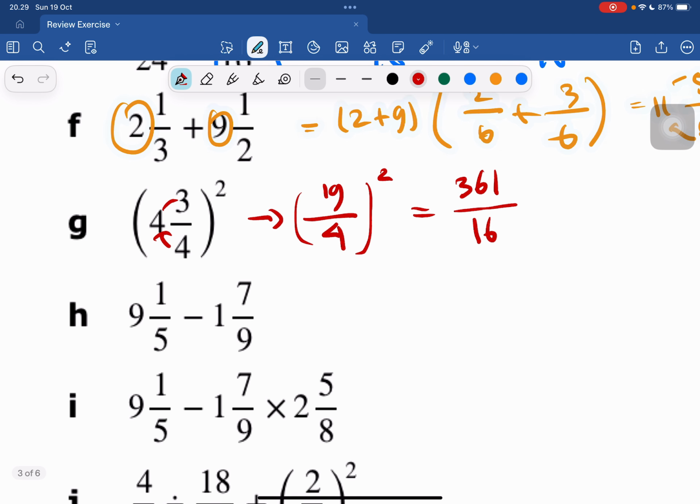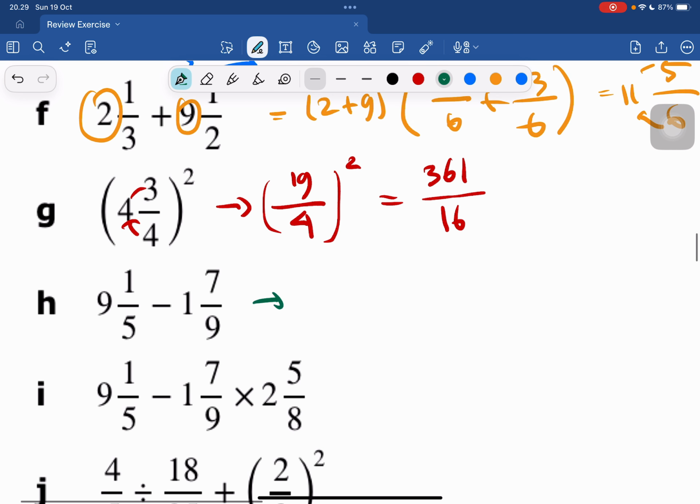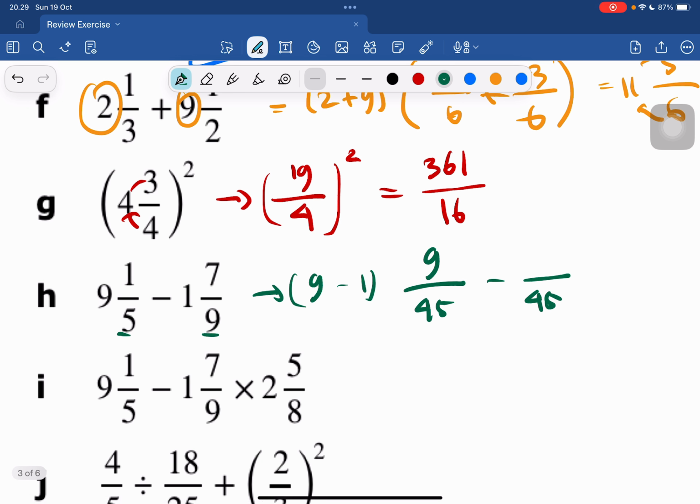All right, this is minus and minus, so we can make it 9 minus 1, and then 9 and 5. What's the lowest common multiple of 9 and 5? We got 45. So we make it also 45. This is multiplied by 9, here we multiply by 5. 7 times 5 is 35.